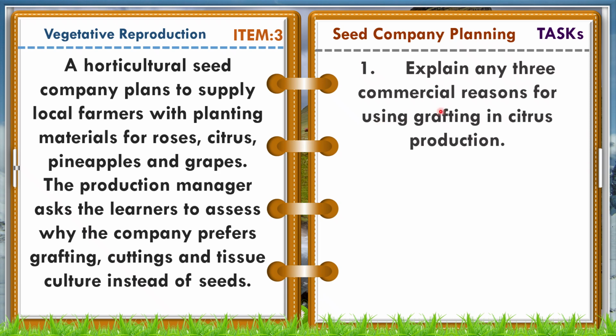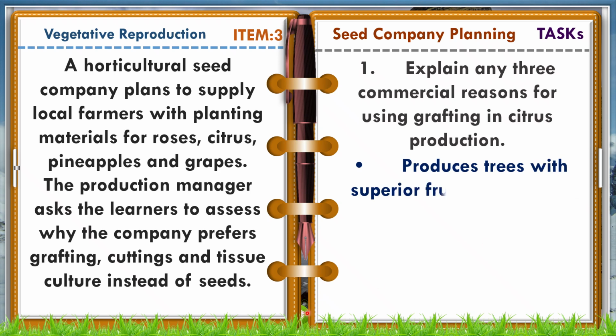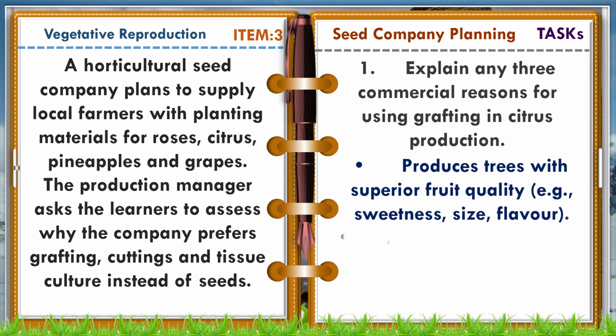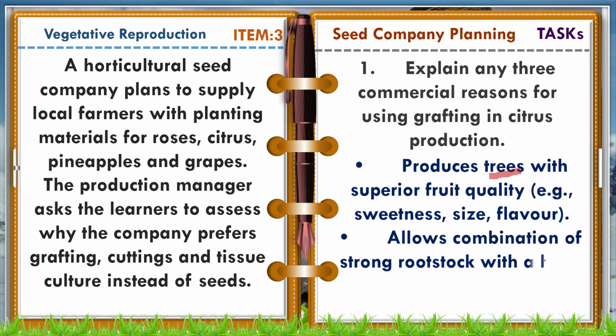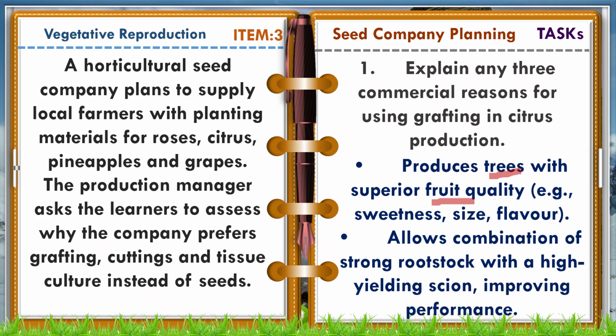Explain any 3 commercial reasons for using grafting in citrus production. Produces trees with superior fruit quality, for example, sweetness, size, and flavor.